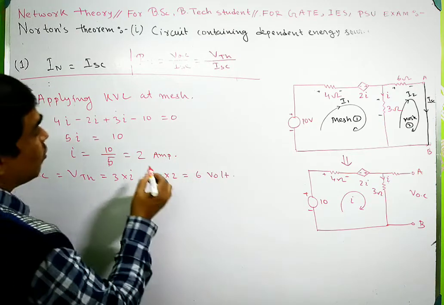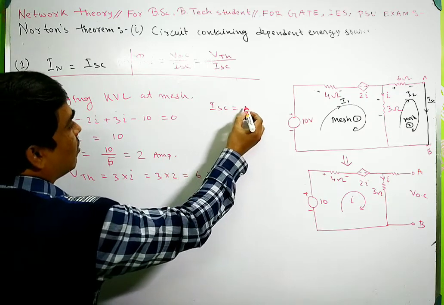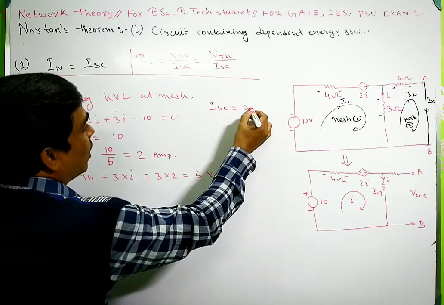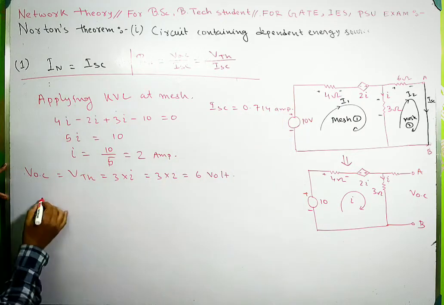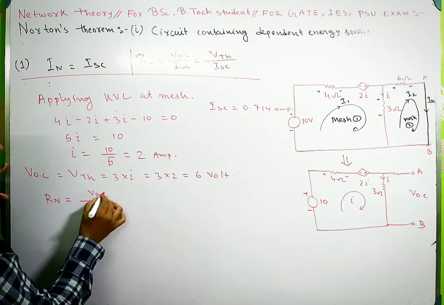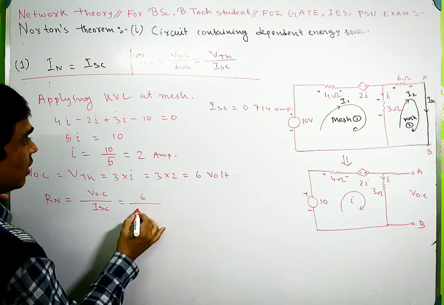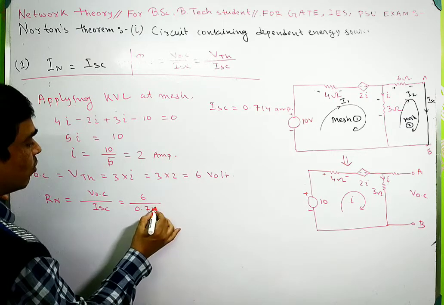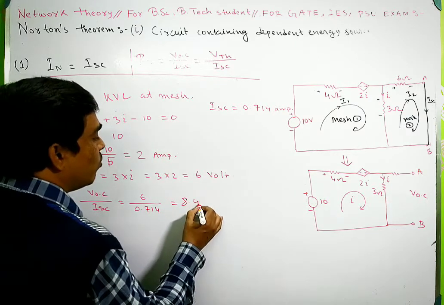So if this is 6 volt and ISC I have already calculated as 0.714 ampere, then RN equals VOC divided by ISC, that means 6 divided by 0.714, it will be 8.4 ohm.